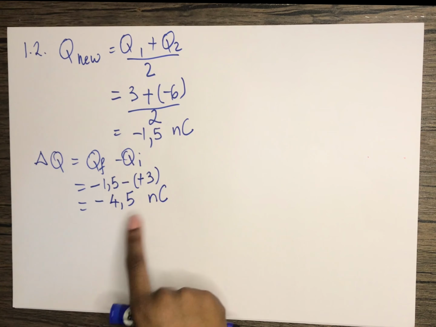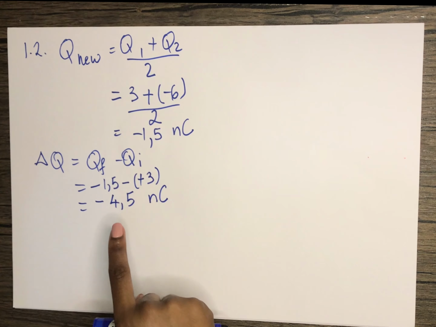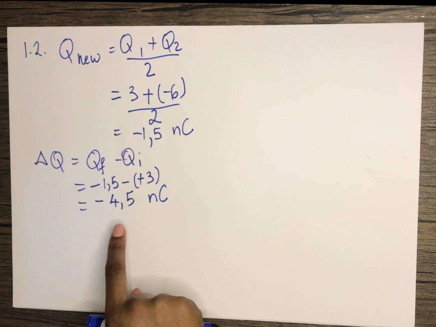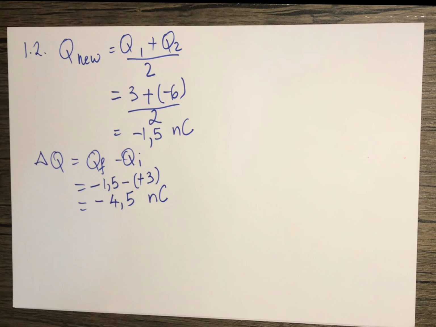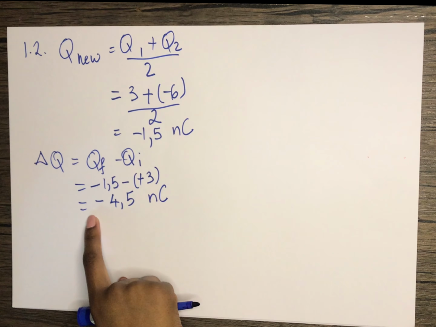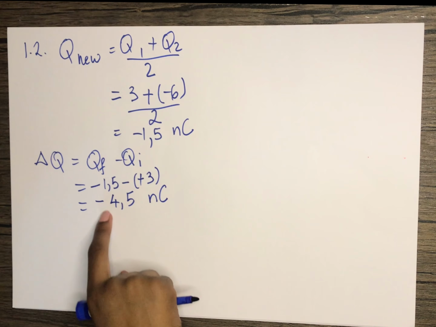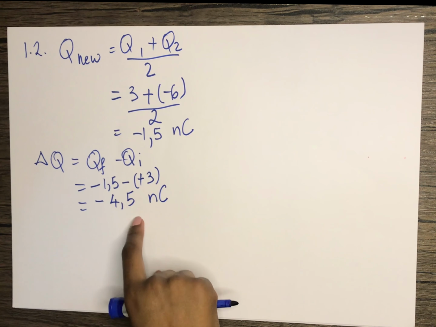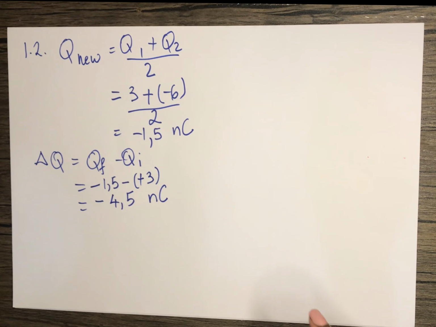So this is the charge that was gained by sphere P. You can also do the same calculation for the charge that was lost by sphere T. Remember, we said the electrons are moving from T to P. You get the same answer, but you can try it out for yourself. It's going to be a positive 4.5 nanocoulombs, right?